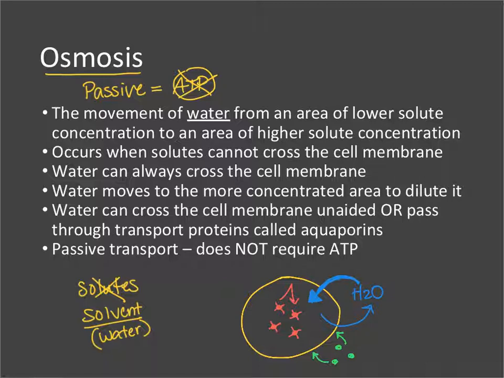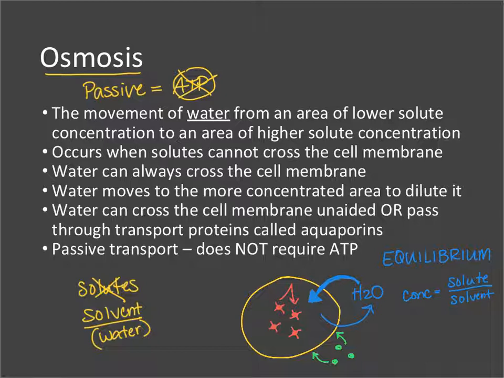Because remember that the cells are kind of ultimately trying to get to this concept known as equilibrium, which would be equal concentrations on each side of the cell. And remember that the concentration of a solution is equal to the amount of the solute in the amount of the solvent.